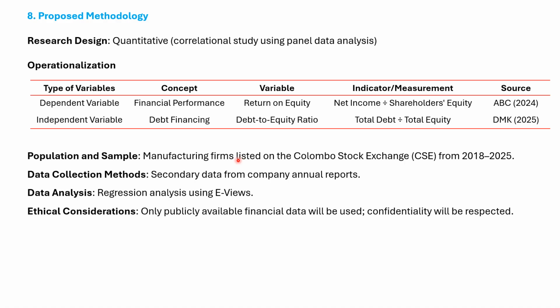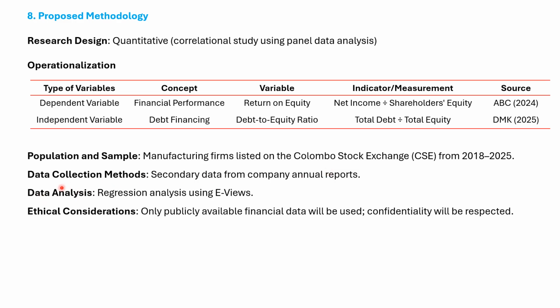There could be several conditions or criteria that you may look into, so you need to clearly list them down. It indicates that out of your population, these are the criteria that you are going to look into to derive your sample. Then the data collection method should be there. Here we are going to get the data from the annual reports, which are already available. So it's secondary data.